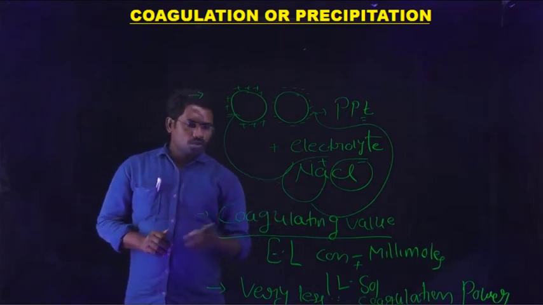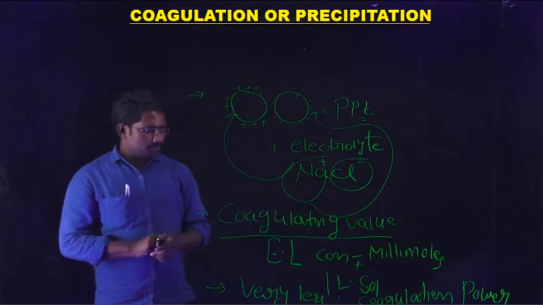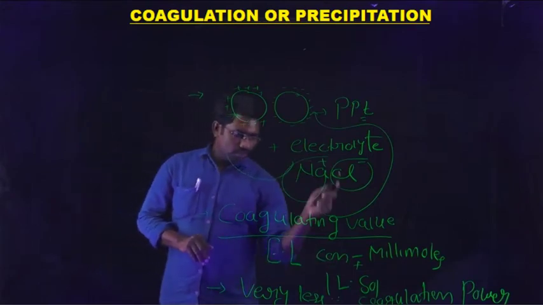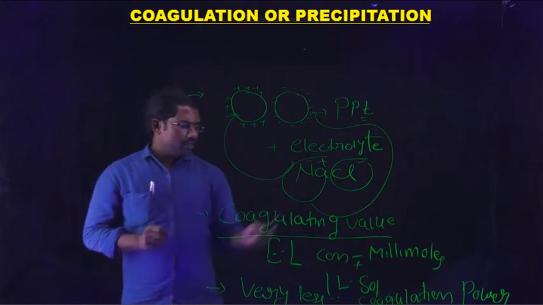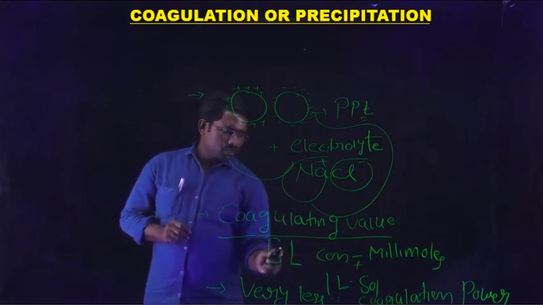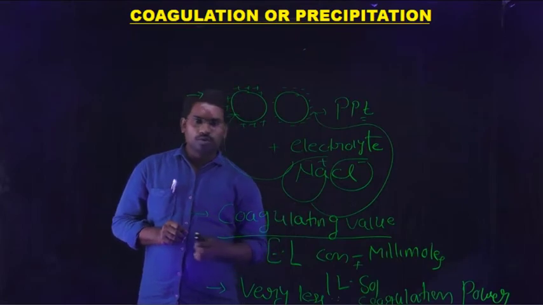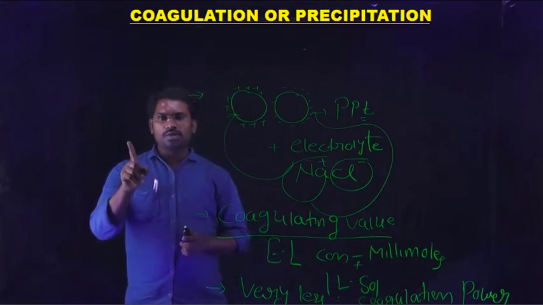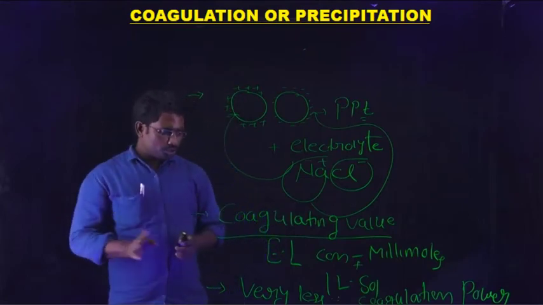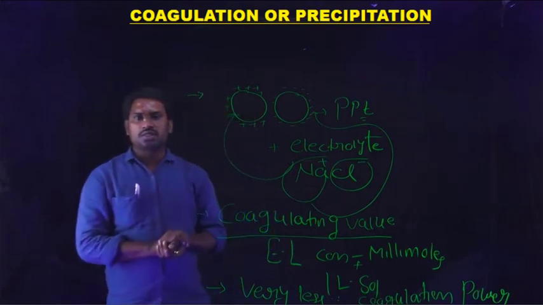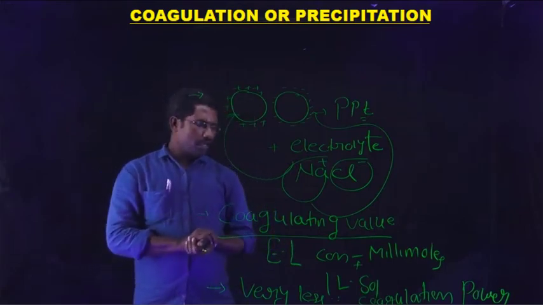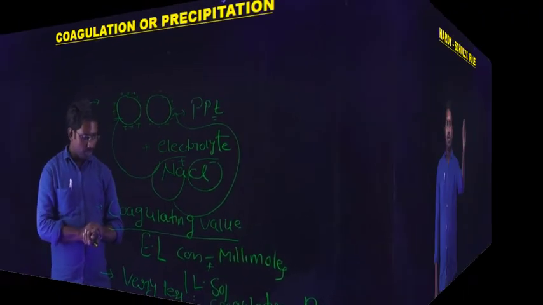So what is the coagulating value or flocculating value? To the given 1 liter volume of colloidal solution, the concentration of electrolyte added, taken in millimoles, that is needed for the coagulation process is known as the coagulating value or flocculating value.